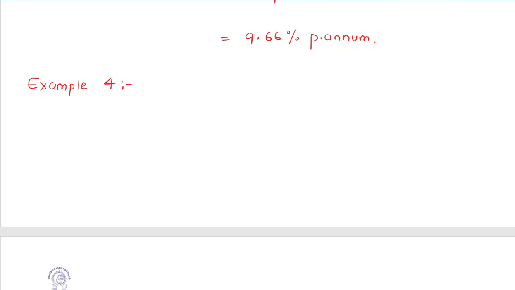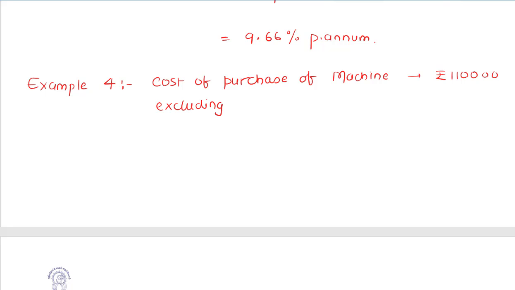Example 4. Cost of purchase of machine is given. Just write 1,10,000, excluding CST, that will be 2%.